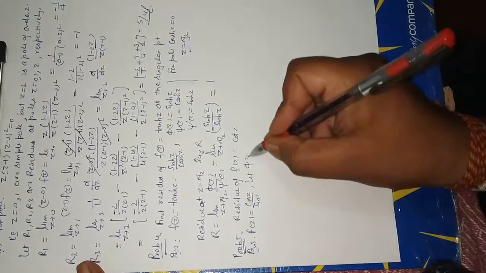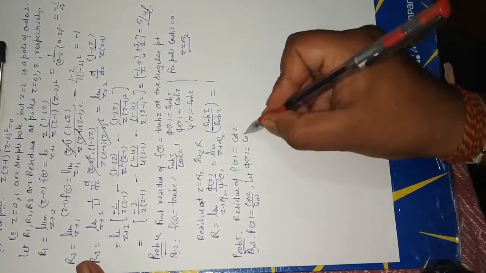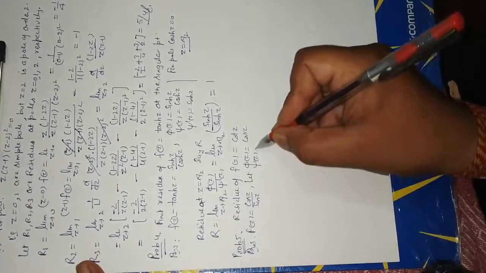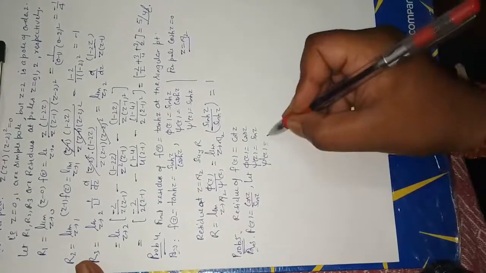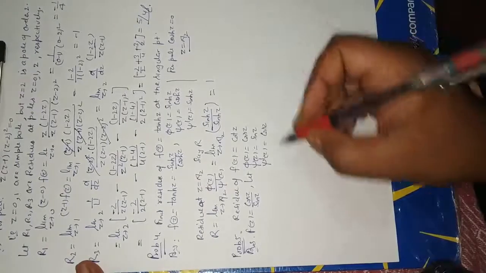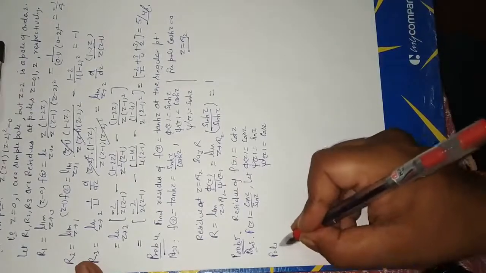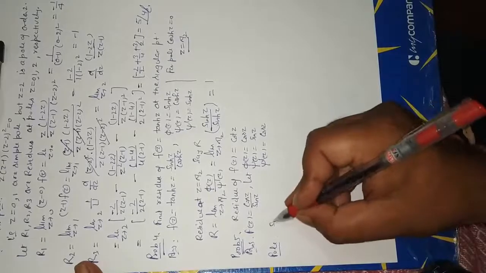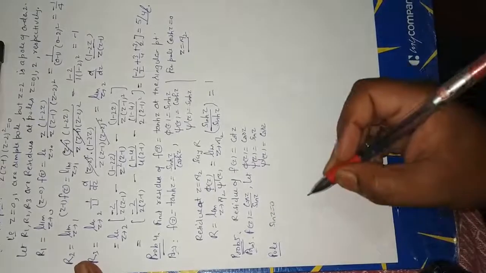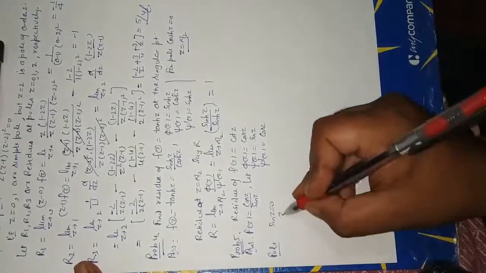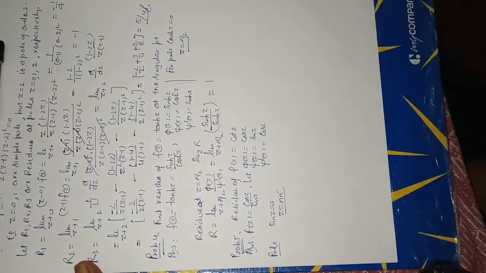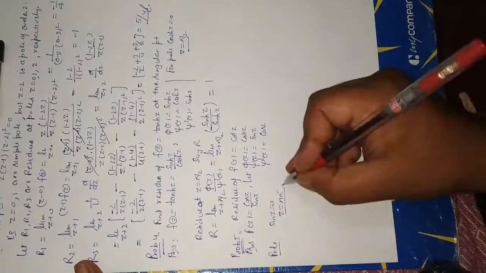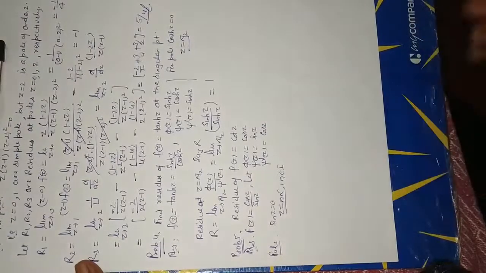Let phi(z) is equal to cos z, psi(z) is equal to sin z. Now psi dash z is equal to cos z. For the pole, sin z is equal to 0, that is z is equal to n pi, which are simple poles. Now n belongs to the set of integers.